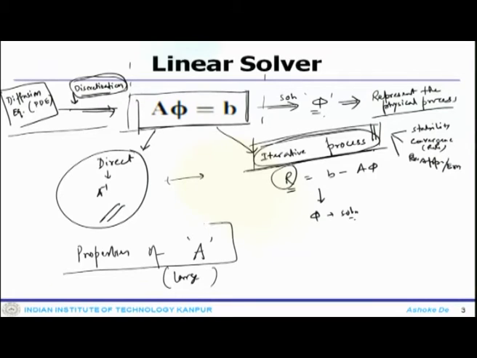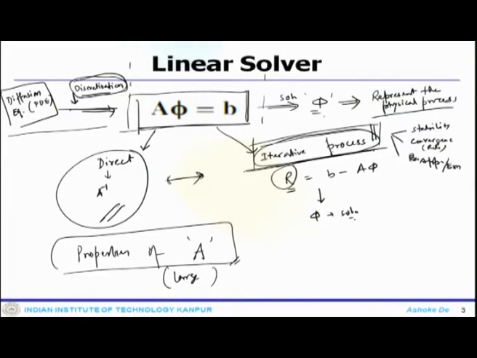So, one has to know certain properties of this linear system before moving ahead with any kind of solver calculation, because the solver calculations would get you a flavor of how to get the direct approach or the iterative process to get a solution for phi.